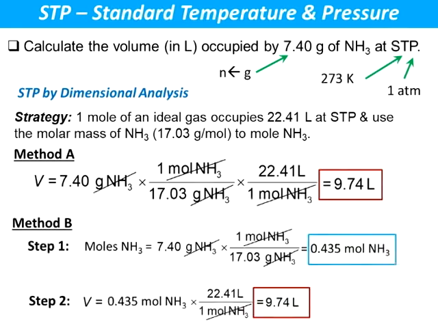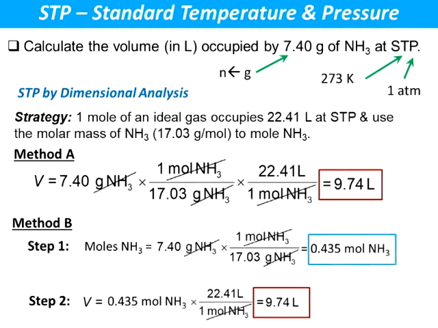That's the volume. An alternative way to do this would be to solve for the moles first and then determine the liters. And this is perfectly permissible. So we would take 7.4 grams and we would convert this to moles using unit analysis as shown here to 17.03 grams on the bottom and 1 mole on the top.